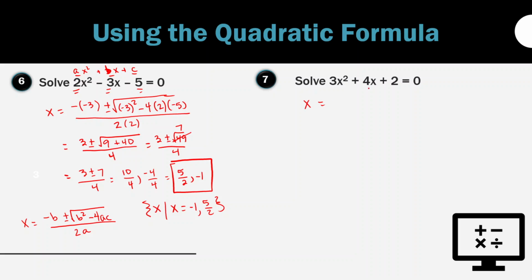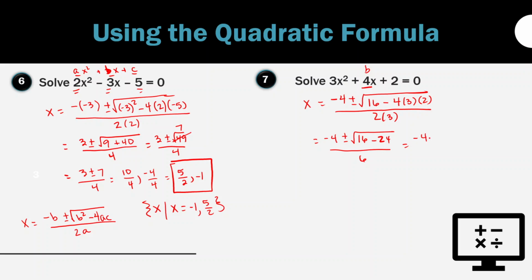So the b value is 4, so I'll have negative 4 plus or minus 4 squared is 16 minus 4 times a times c all over twice a. So reducing that, I have 16 minus 4 times 3 is 12, times 2 is 24.